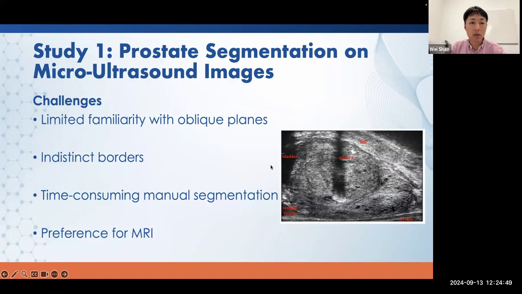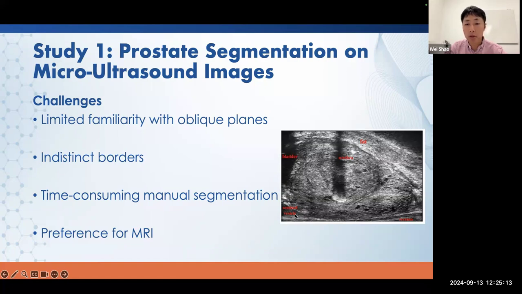But there are some challenges in prostate segmentation on micro-ultrasound. First, radiologists and urologists are more used to reading MR images, which are acquired in the transverse or axial plane. But micro-ultrasound images are acquired in an oblique plane from the left to the right. Second, there are some indistinct borders, for example between the bladder and the prostate.